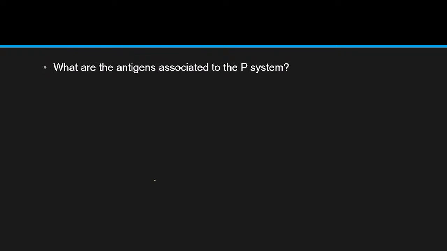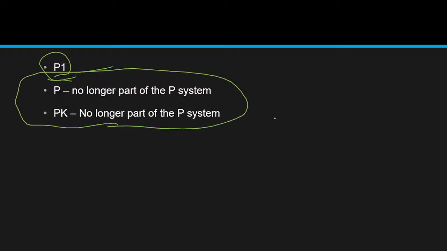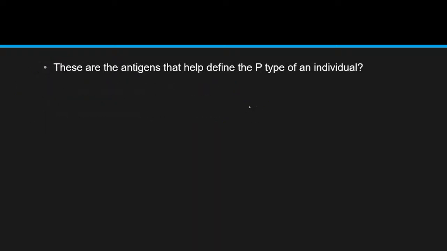Now, what are the other antigens associated with the P system aside from P1? This P1 is the original one, or the only one that is in the P system. Both P without the 1 and PK are no longer part of the P system because they were discovered to be regulatory proteins in the cell surface. All right?